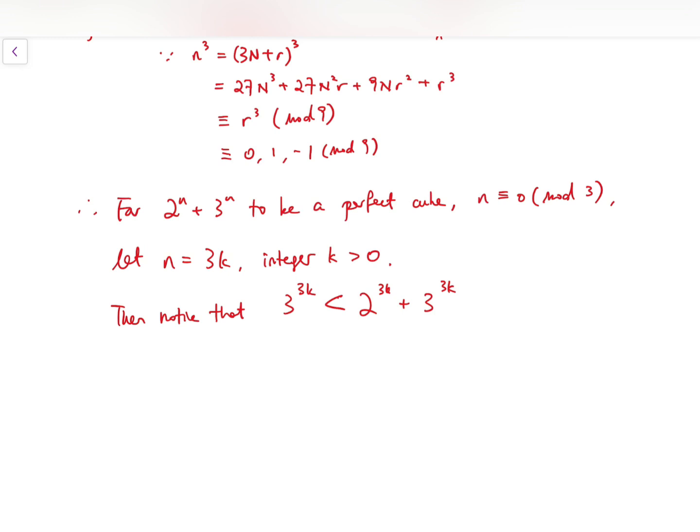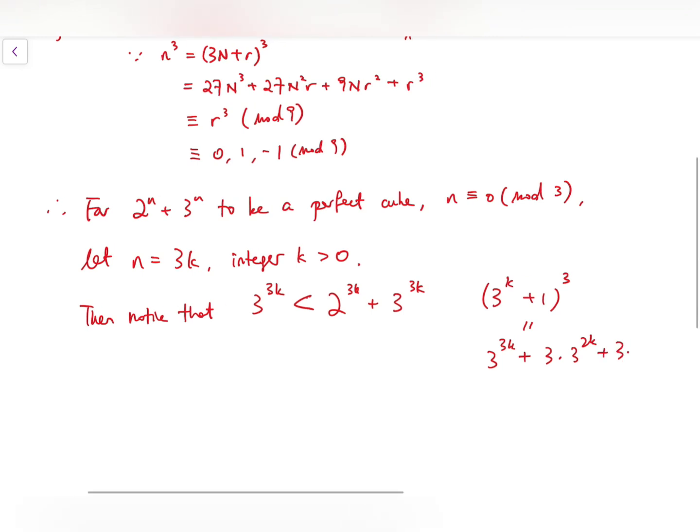But on the other hand, comparing this expression with 3 to the power k plus 1 all cubed, this is clearly smaller, because for this cube, we can expand it and it is equal to 3 to the power 3k plus 3 times 3 to the power 2k plus 3 times 3 to the power k plus 1.